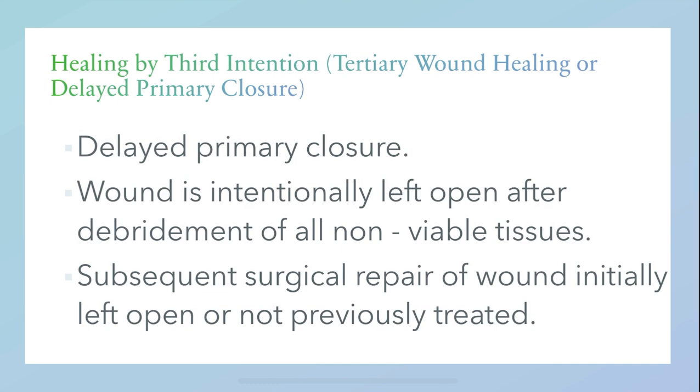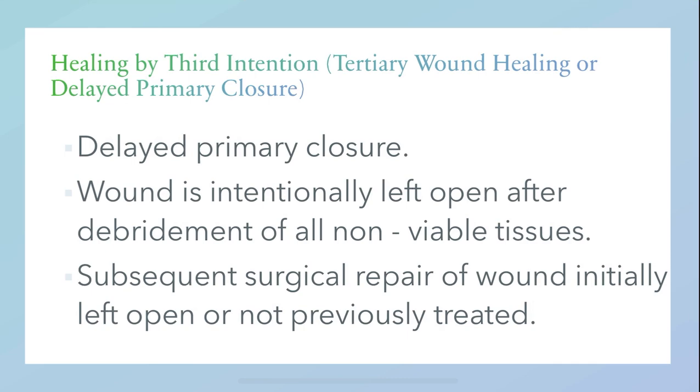It is nothing but thoroughly cleaning the wound and removing the hyperkeratotic thickened skin, the callus, the infection, the non-viable necrotic tissues, foreign debris, all these debris and material are going to be removed, and then you intentionally leave the wound open.